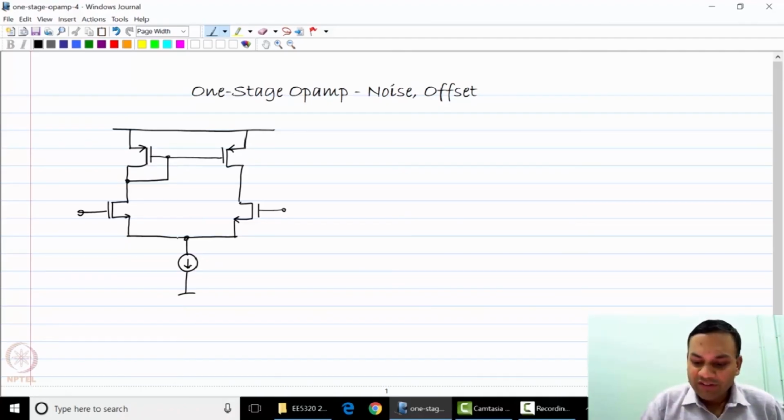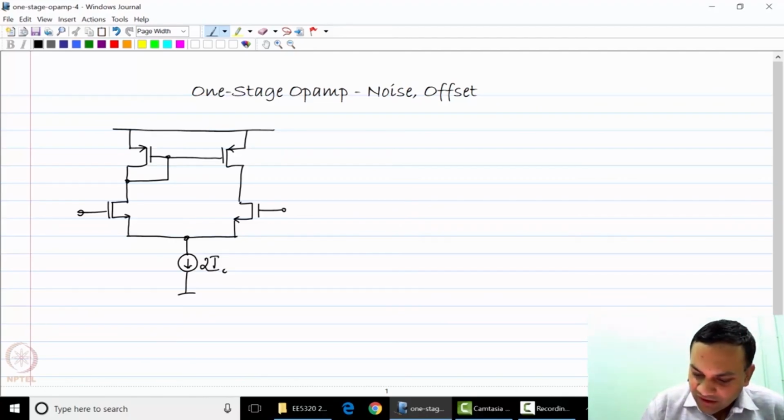For this particular analysis, I'm going to assume that the current source at the bottom is ideal. At the end, we'll see what happens if the current source also produces noise of its own.